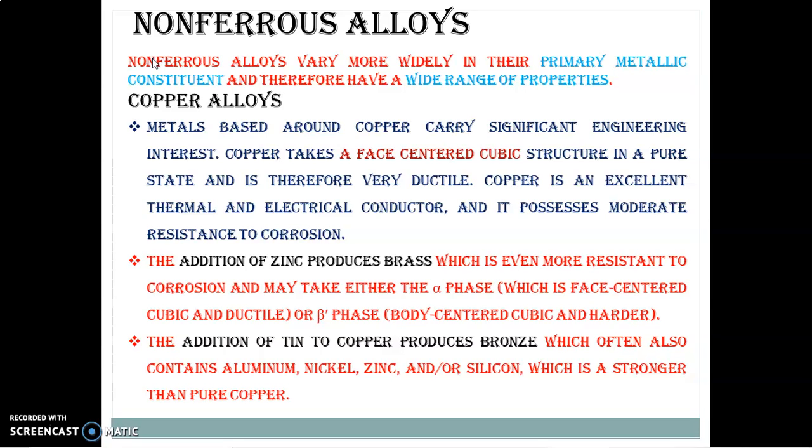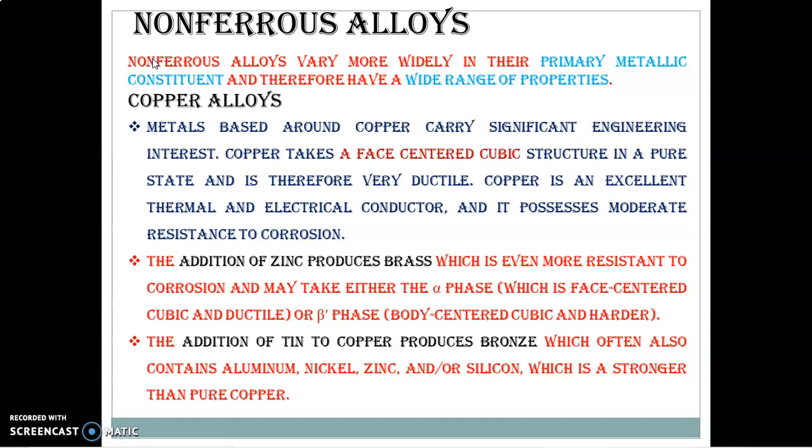The addition of zinc to copper gives the alloy called brass. So copper and zinc form brass, which is even more resistant to corrosion, because brass has more corrosion resistance, and may take either the alpha phase, which is also face-centered cubic and ductile, or the beta phase.